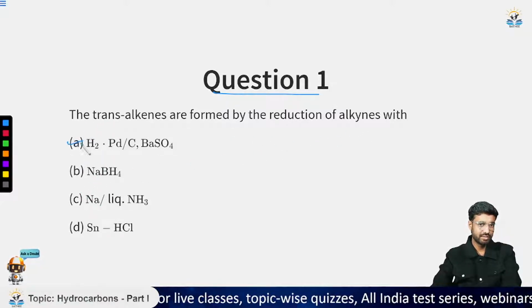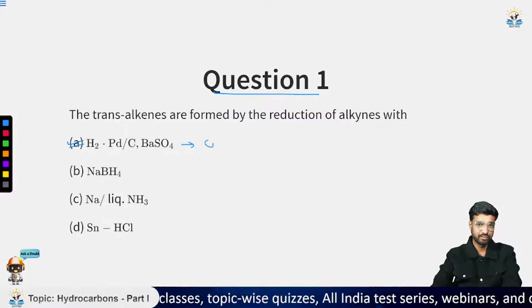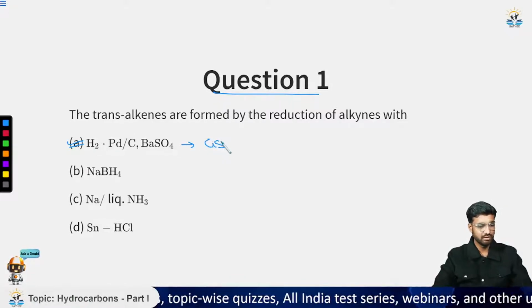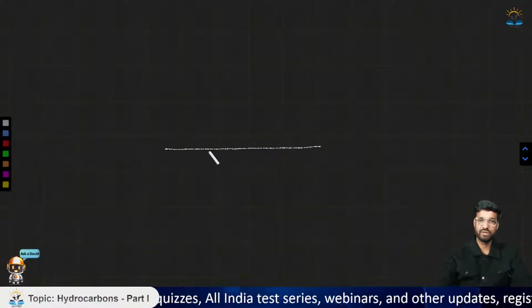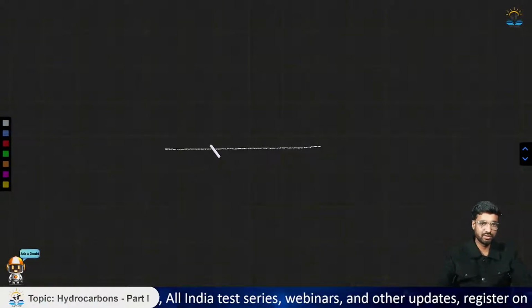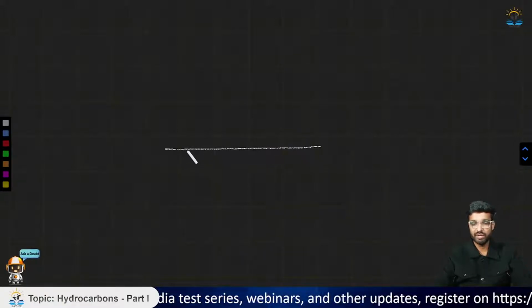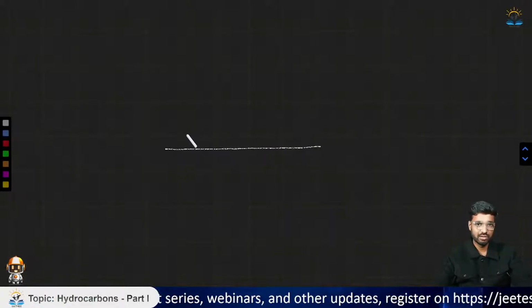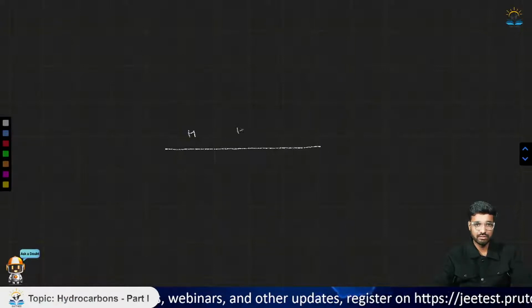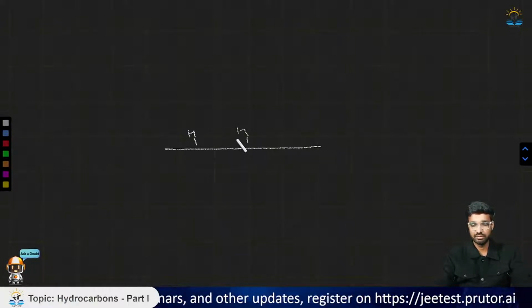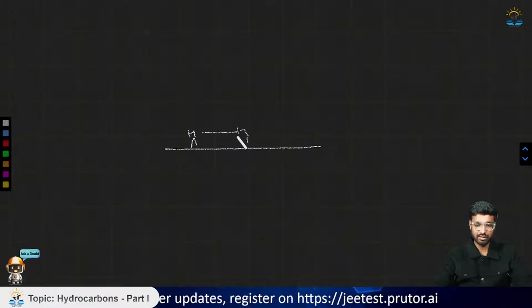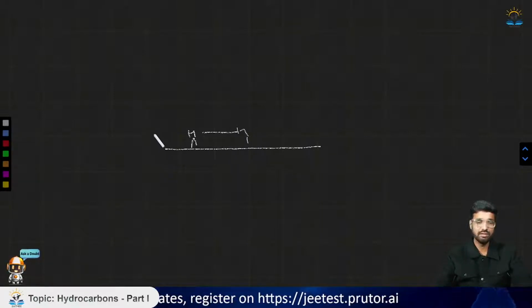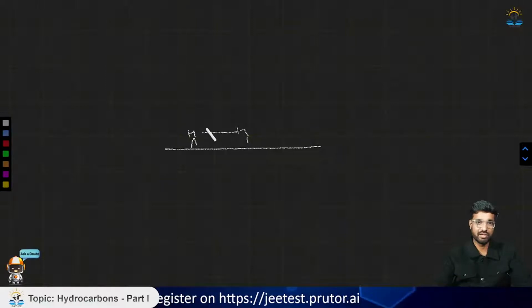If we take H2, then this will give us cis. Why? Suppose this is a simple mechanism, I am not going into the complexities. Suppose this is the metal surface that we have. Initially the hydrogen is attached on this surface by simple van der Waals interaction.